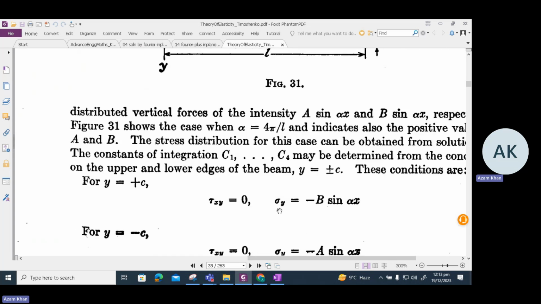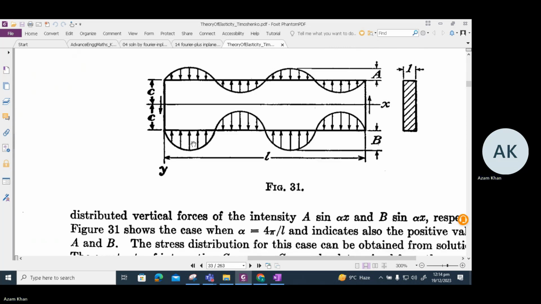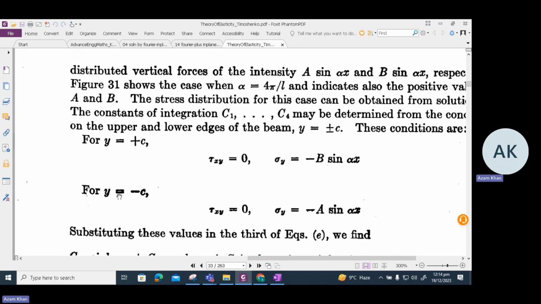The reason sigma y is taken minus is because during the first half of the sine wave we have compression, and according to our convention, tension is considered positive. Similar arguments apply at y is equal to minus c, i.e. we have tau xy equal to 0 and sigma y equal to minus a sine alpha x.